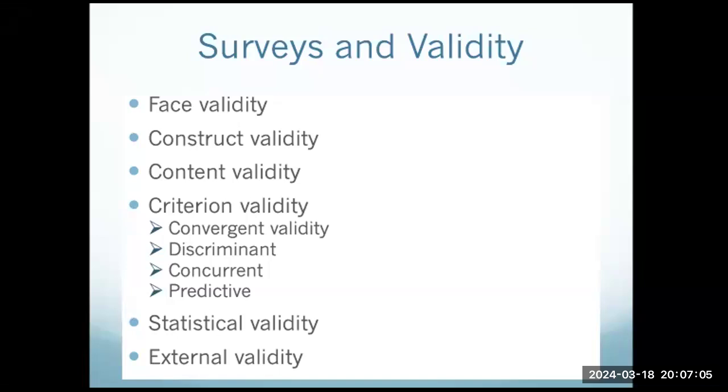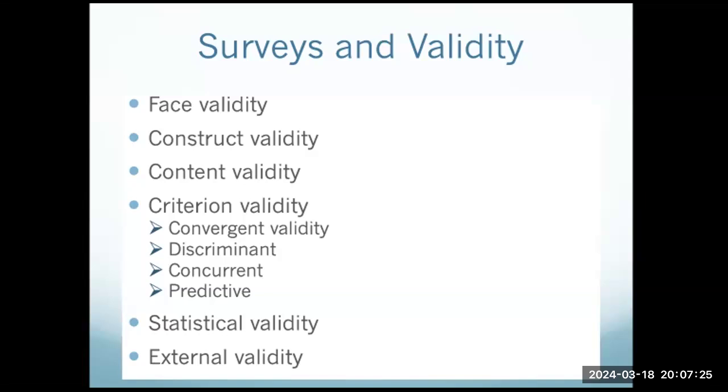Statistical validity, you want the sample size to be as large as possible so that you can conduct good analyses. So the more different variables you're studying, the larger the sample size you will need. Minimum of 30 or more per variable of interest, right? In order to get the statistical validity.